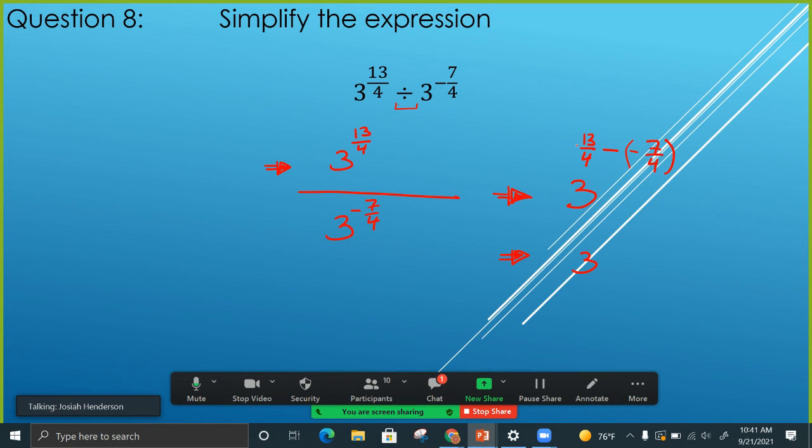So it's just a matter of adding those fractions. Remember, minus a negative turns into a positive. So it's just the top numbers, because this is read 13/4 plus 7/4 for a total of 20/4.